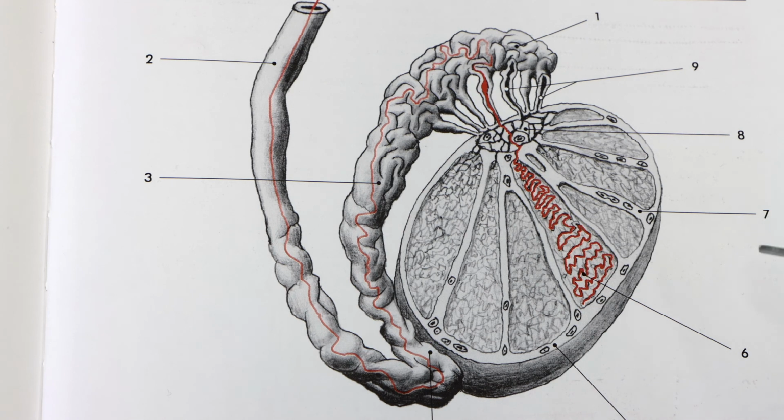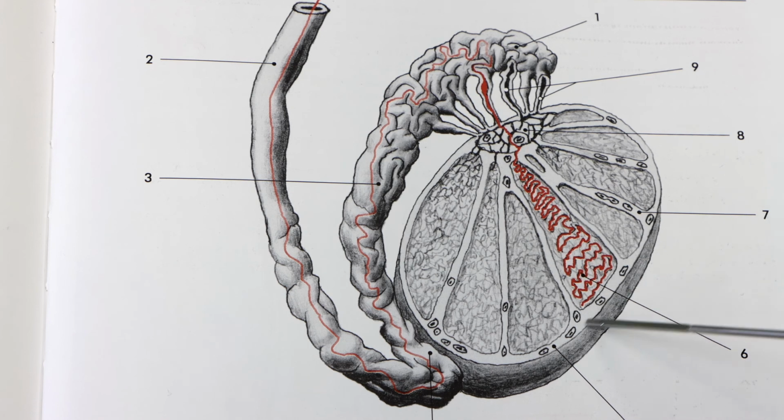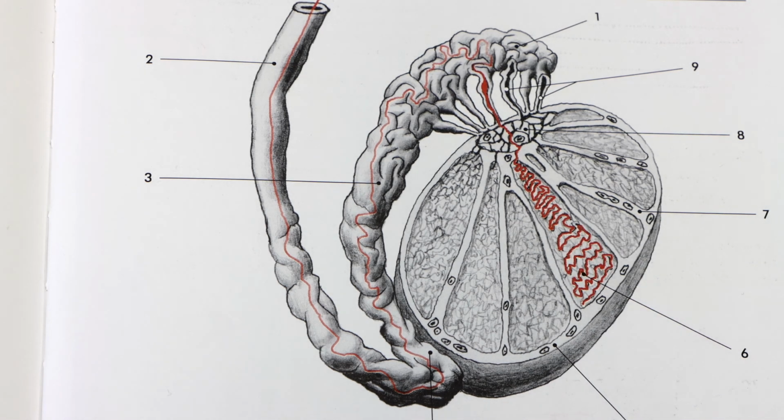So here you have the sagittal cross section through the testis. On the surface, you can see this whitish structure, which is called the tunica albuginea. The tunica albuginea, as we said, is the dense connective tissue that covers the testis, and it's white.